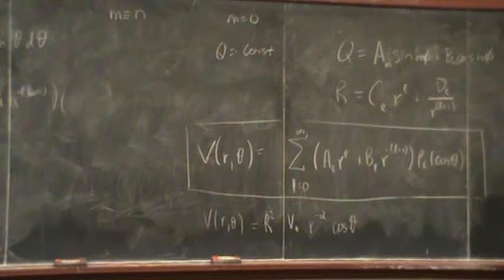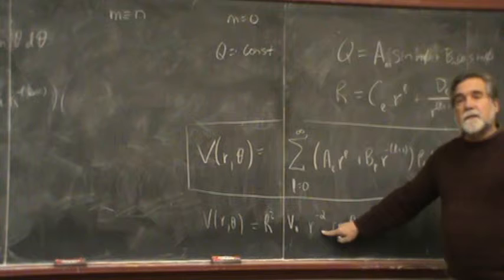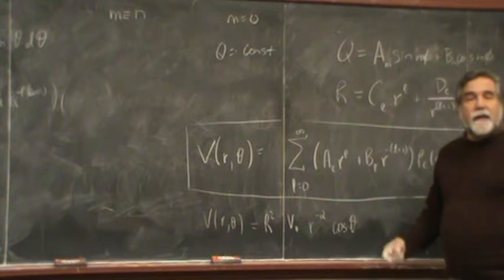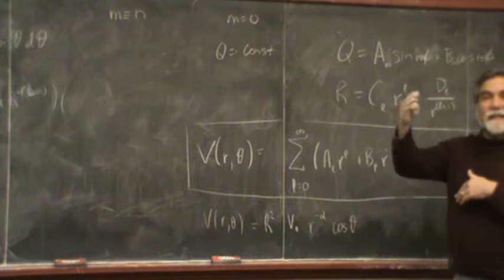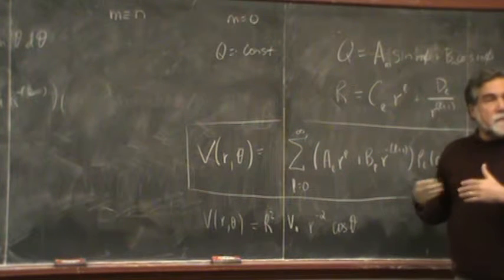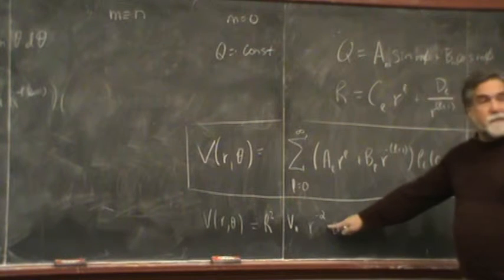That's what it looks like outside. The potential drops off as 1 over R squared. That's faster than for a point charge, but there is no net charge there because the potential is equally positive and negative. So the potential is going to drop off faster than 1 over R, and it does.